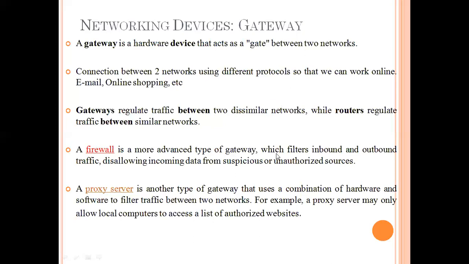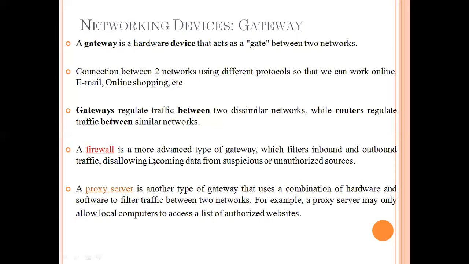So there are different examples of gateway. First, we can say firewall. You know what is firewall? Firewall is a kind of gate which allows us to restrict unwanted things from entering your system.